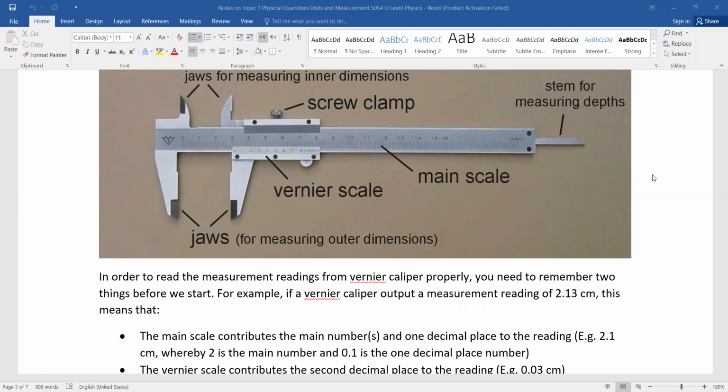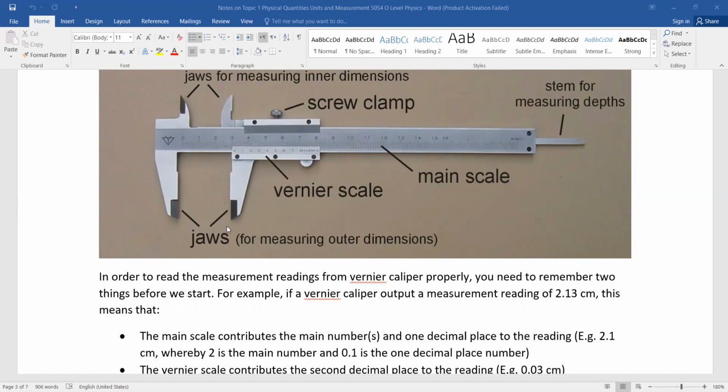Like we are going to find the internal diameter. That time we are using the upper jaws, right? And the lower one, read this. Lower one is jaws for measuring outer dimensions.